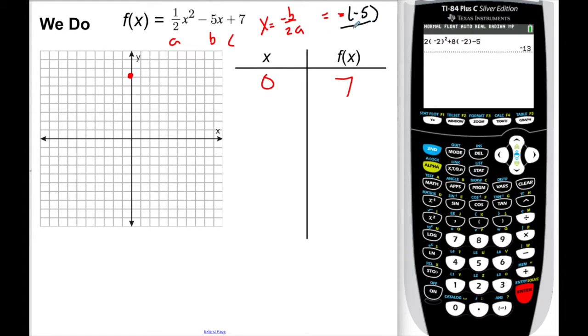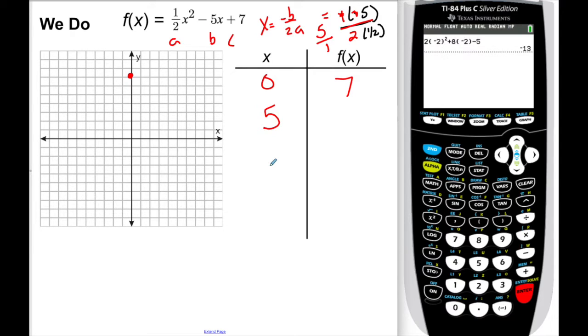Over 2 times a half. Okay, so let's think about this. Minus negative 5, that's going to give me 5. 2 times a half. What's 2 times a half? 2 halves. A whole. So we get 5 as the x of our vertex.